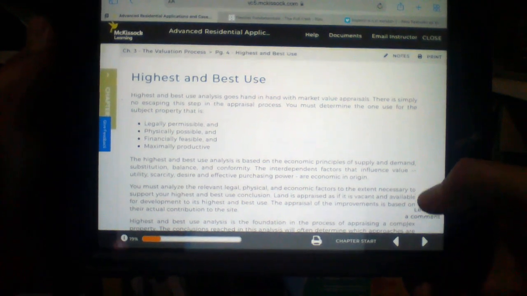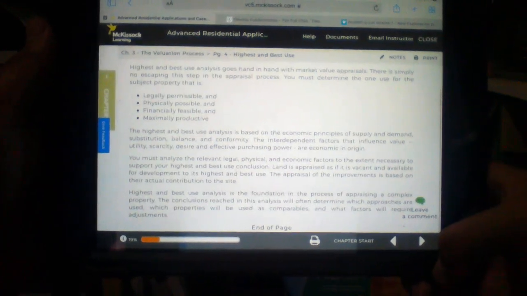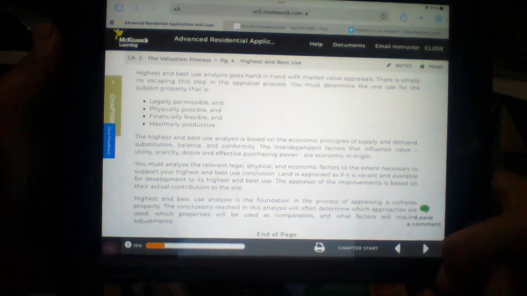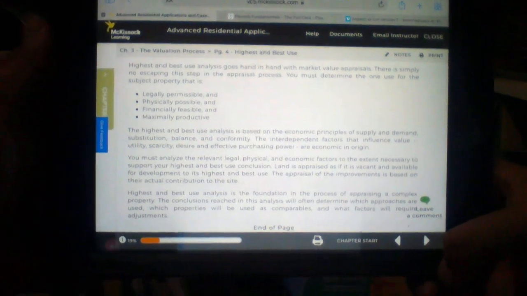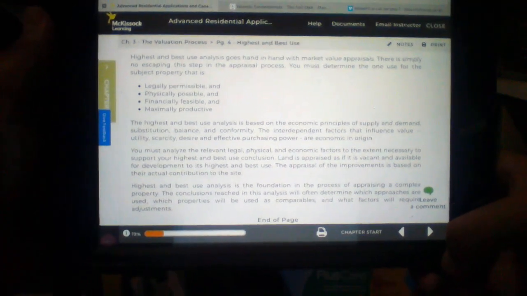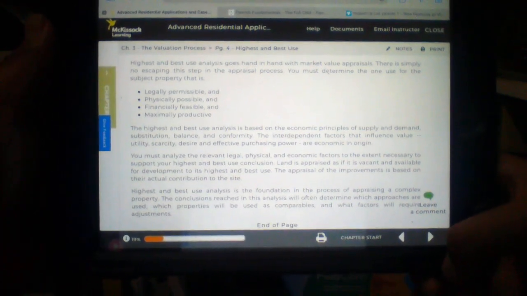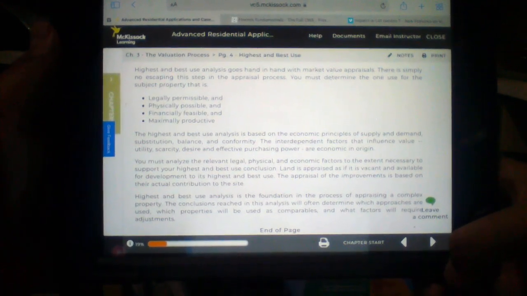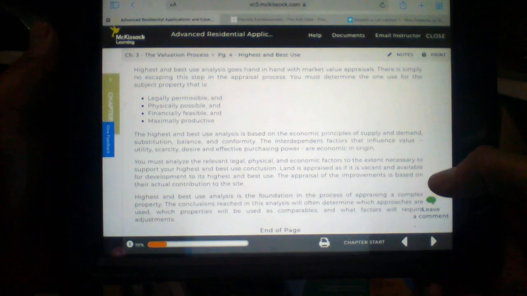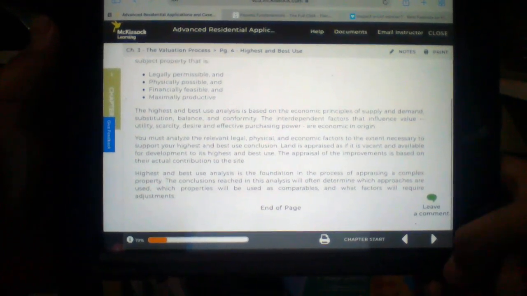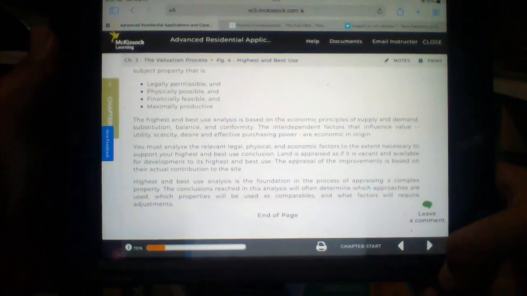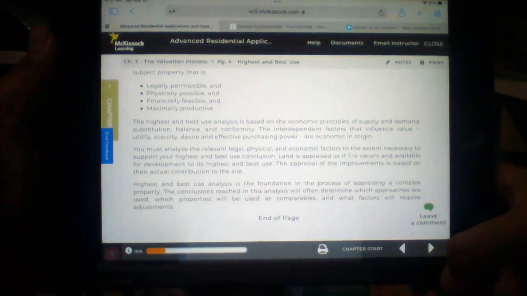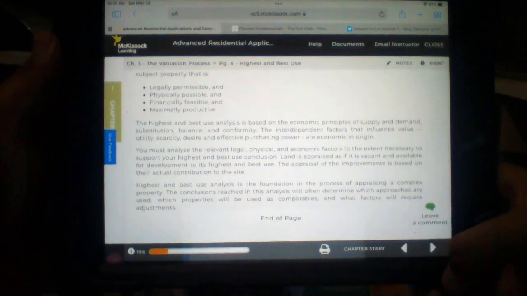Page 4, highest and best use. Highest and best use analysis goes hand in hand with market value appraisals. There is simply no escaping this step in the appraisal process. You must determine the one use for the subject property that is legally permissible, physically possible, financially feasible, and maximally productive.